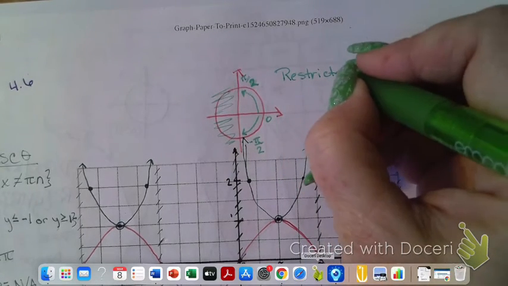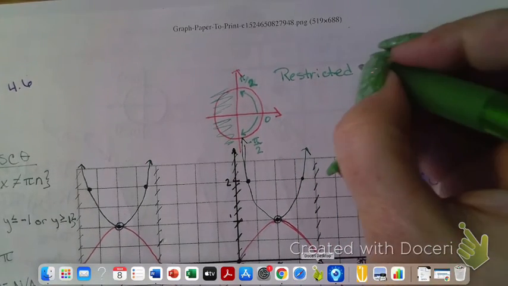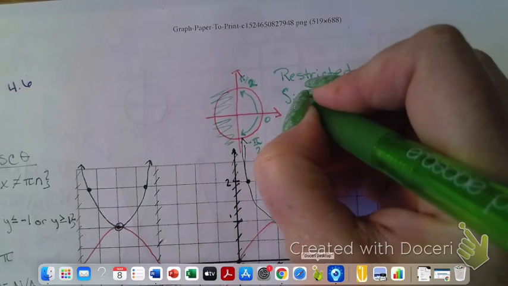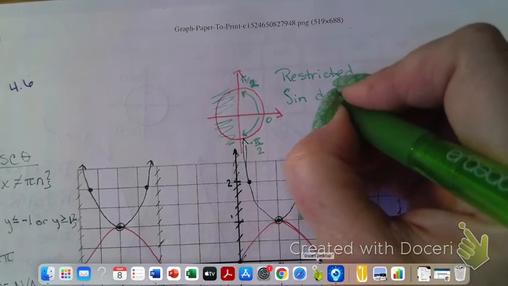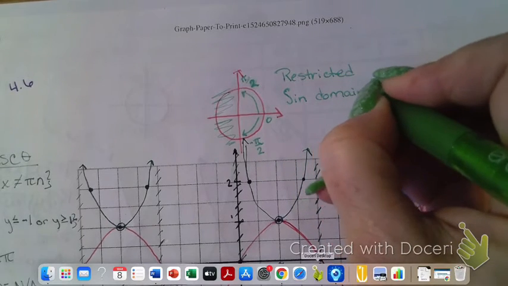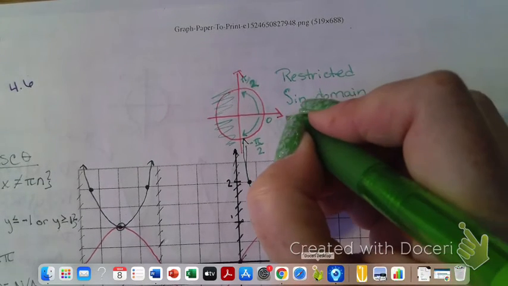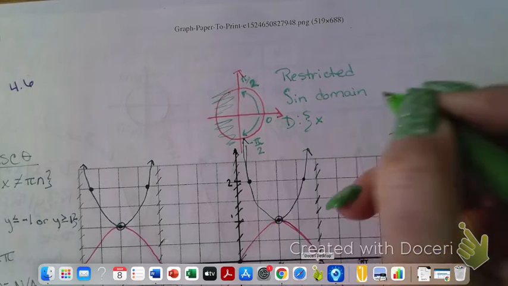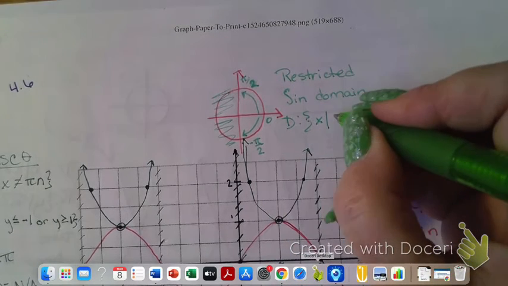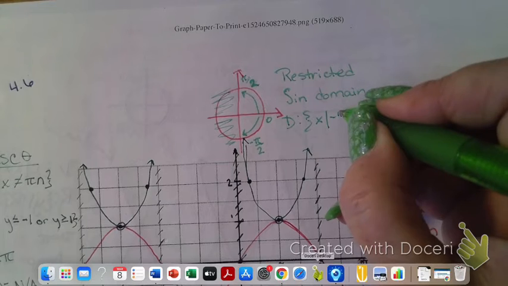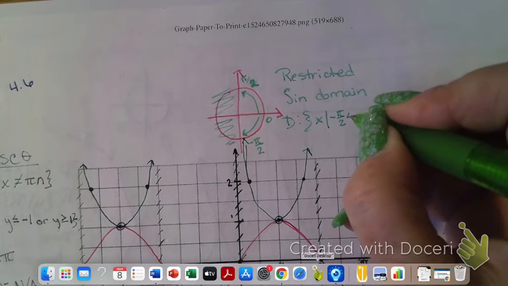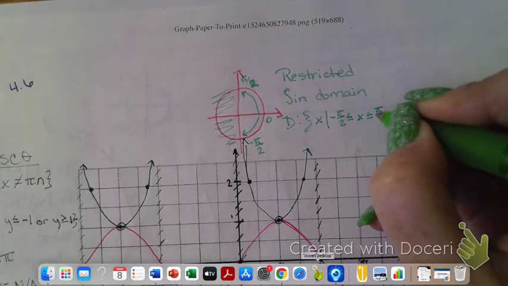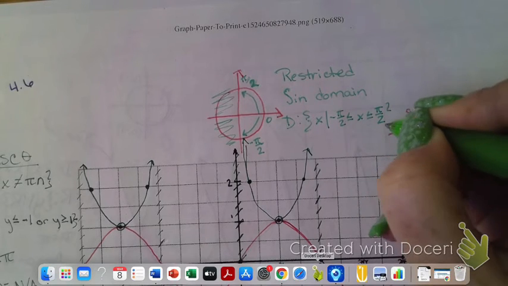A restricted sine domain, and now it is a capital S. Is x such that negative pi over 2 is less than or equal to x, which is less than or equal to pi over 2.